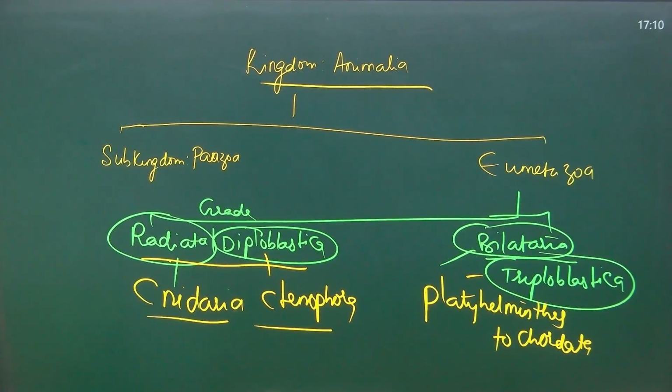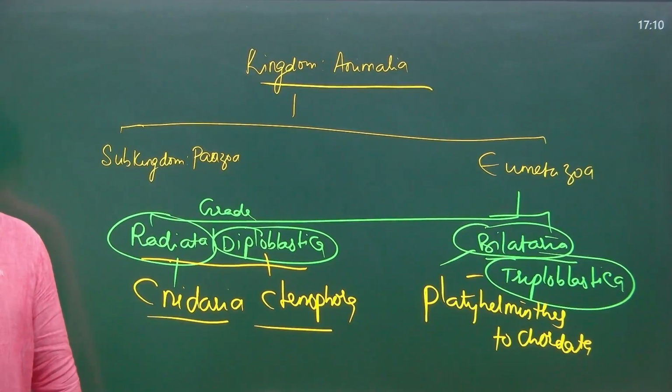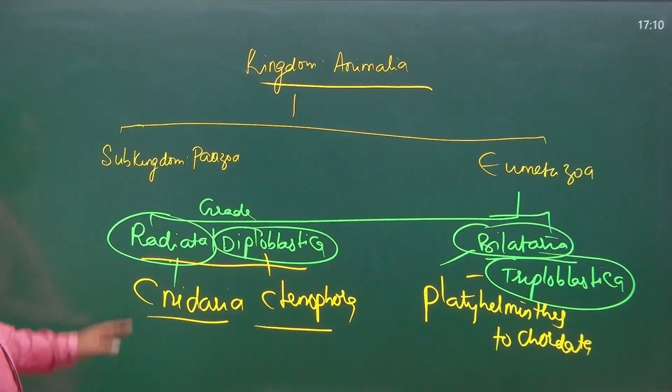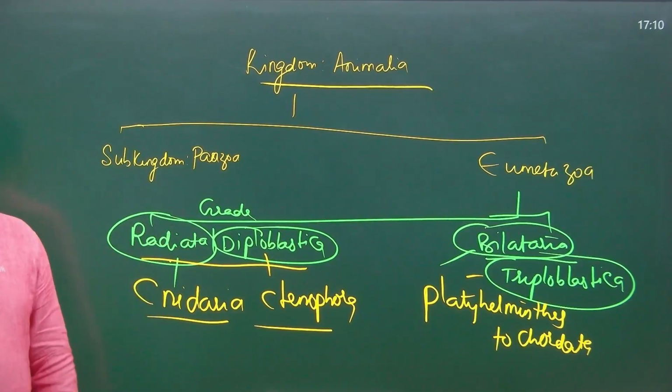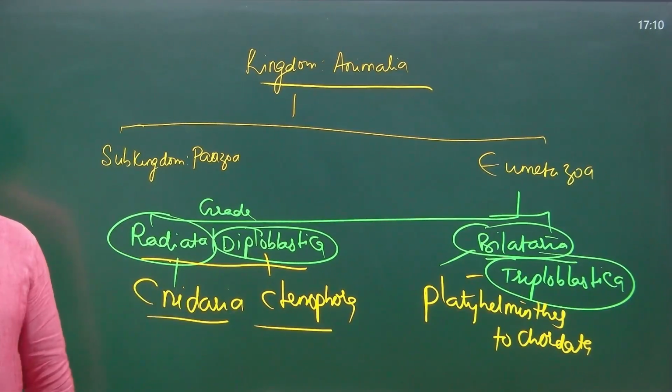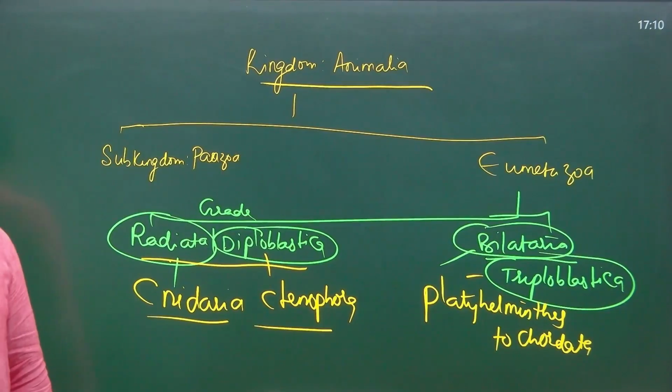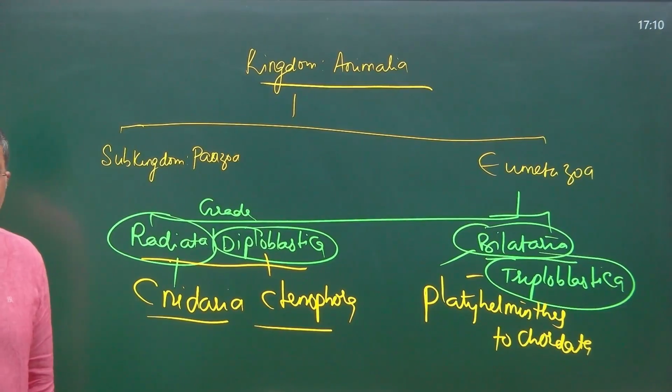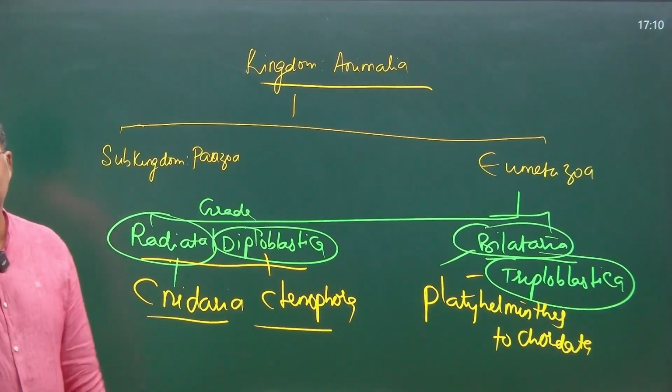Bilateral symmetry. Questions are coming, and we will practice the questions also in the next session. After the completion of grades of organization, protostomia and deuterostomia, and spiral and radial cleavage, small definitions are coming.